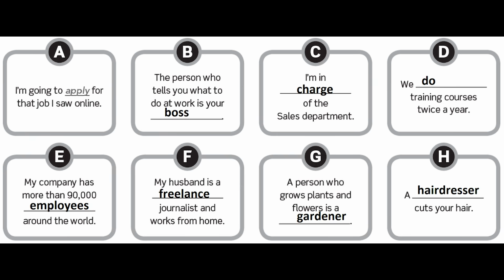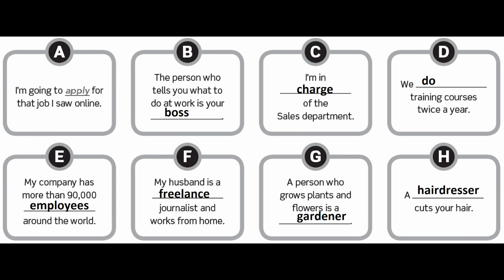A. I'm going to apply for that job I saw online. B. The person who tells you what to do at work is your boss. C. I'm in charge of the sales department. D. We do training courses twice a year. E. My company has more than 90,000 employees around the world.